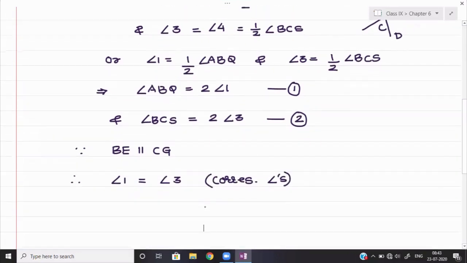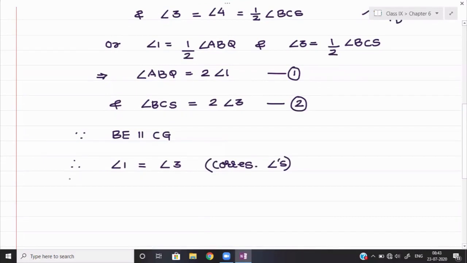Now I am multiplying 2 on both the sides. We can multiply, we can divide, but we have to do it on both the sides. So let us multiply 2 on both sides. So twice of angle 1 is equal to twice of angle 3. Here we can write down multiply 2 on both sides.